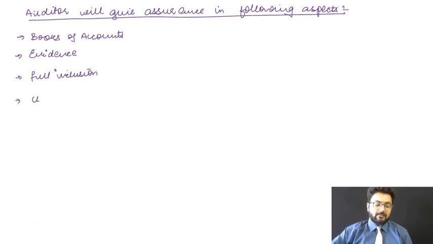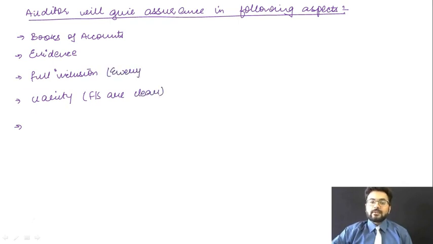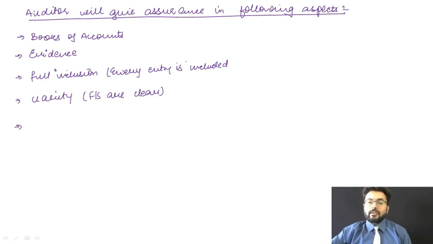After that, clarity. The financial statements are totally clear. Every entry is included in financial statements. Let's suppose whatever the earnings are, you have included them, but when it comes to expenditure, you have not included them.